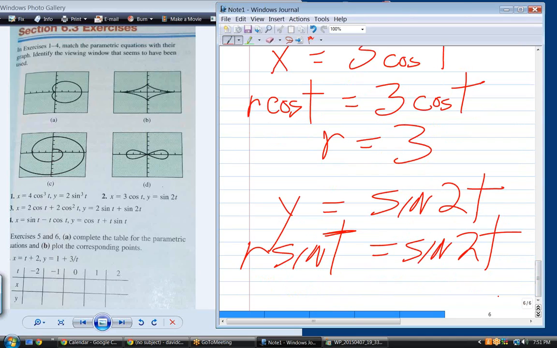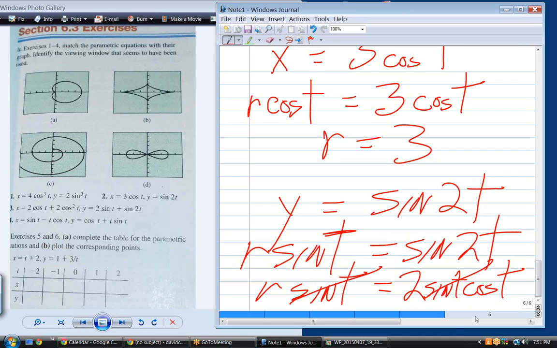Well, sine of 2t is 2 sine t cosine t. So now I have r sine t equals 2 sine t cosine t. If we take that step right there, aha!